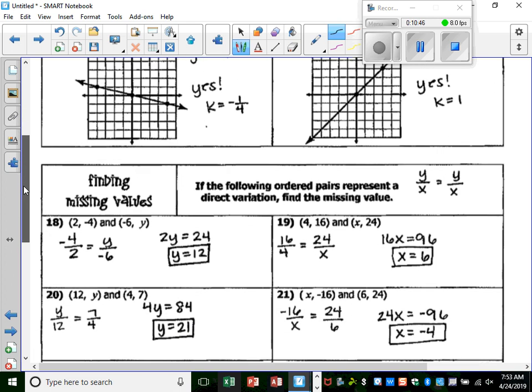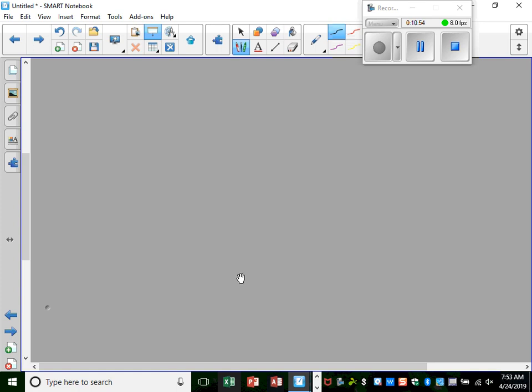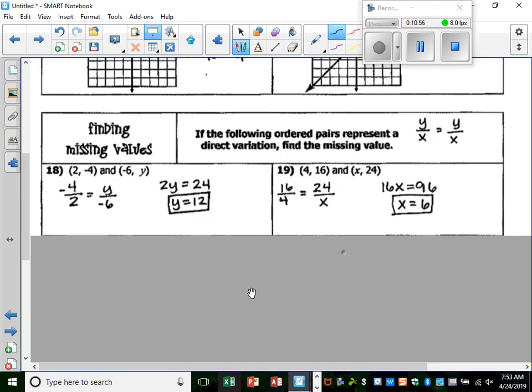All right. So what happens if you are missing one of the values? All right, so let's take a look. It says, if the following ordered pairs represents a direct variation, and remember, k is y divided by x, find the missing value. So here we go. Here's my y value, -4. Here's my x value, 2.